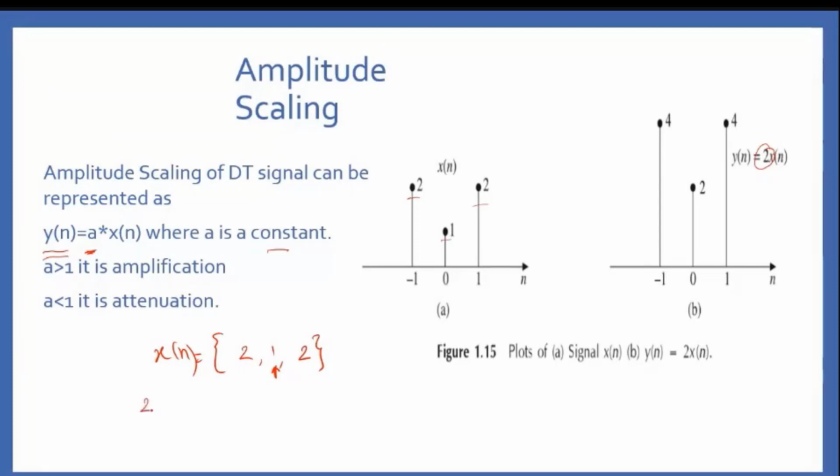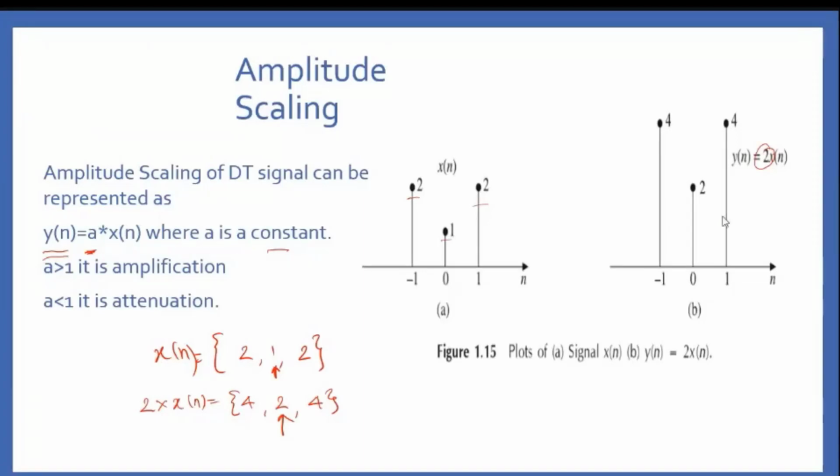So 2 times x[n] is nothing but I have to multiply all the values with 2, that is 4, 2 and 4. Again I will draw an arrow telling that this is the value at n equal to 0. Clear? So this is what I have plotted here. The value at 0 now is 2, at minus 1 it is 4 and at 1 it is 4. Clear everybody?